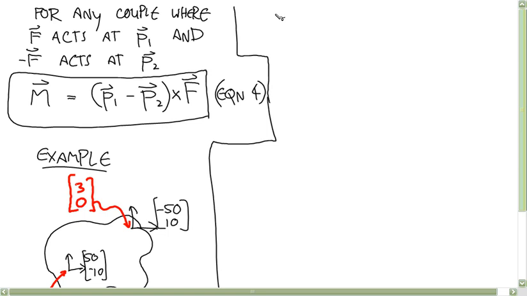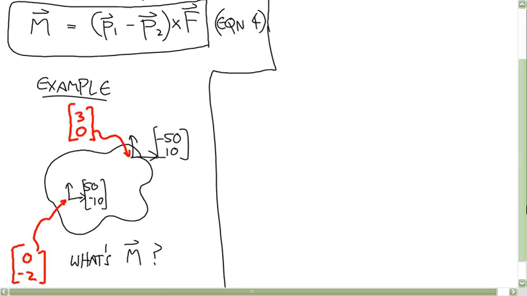So it's arbitrary, but let's call our positive force 50, negative 10. Okay?